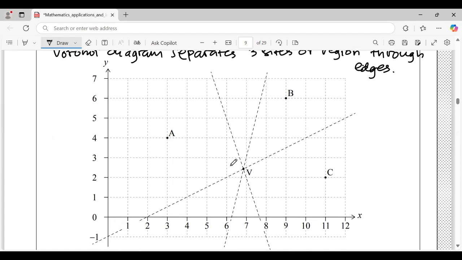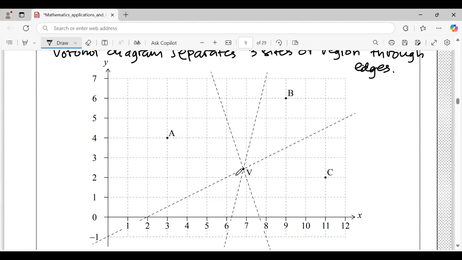Okay, this is the intercept point. Until we have to separate B and A. Okay, B and A have the same distance to the line.